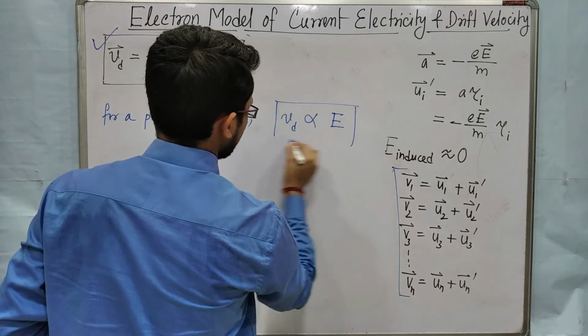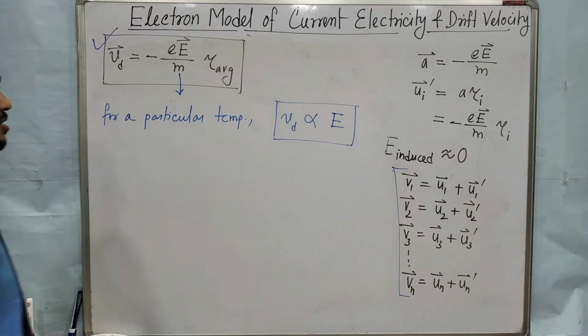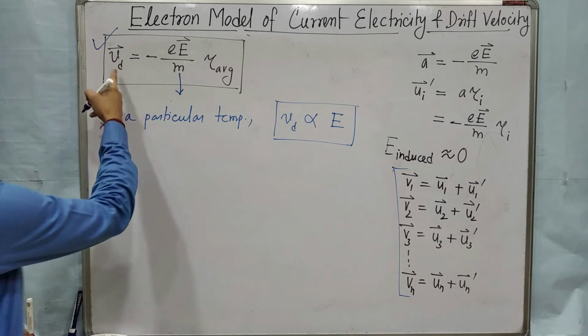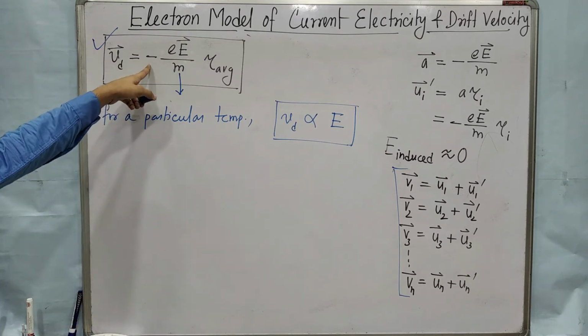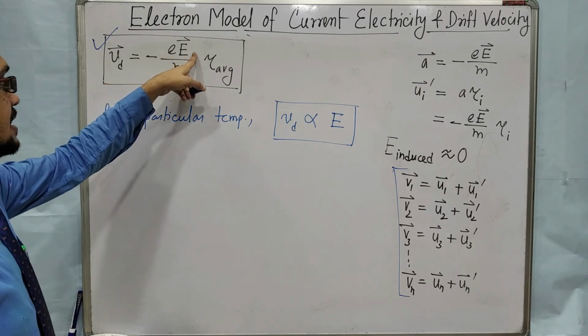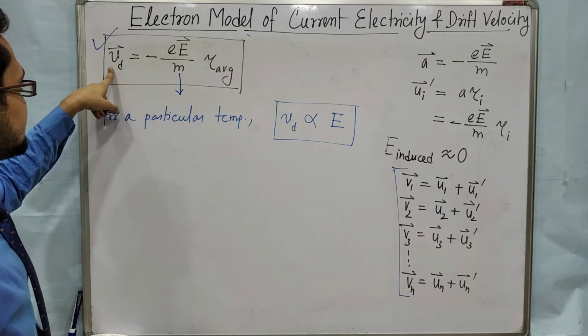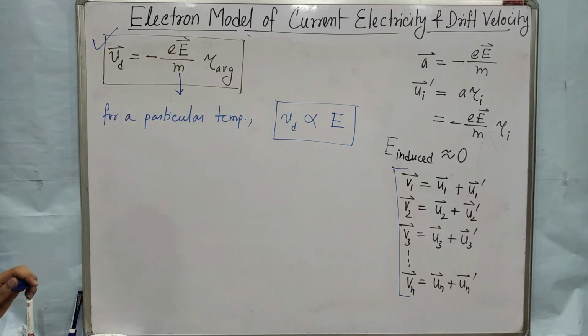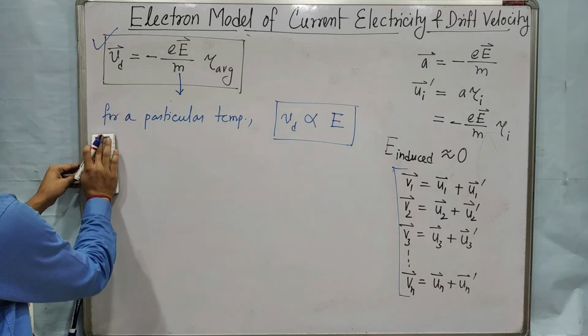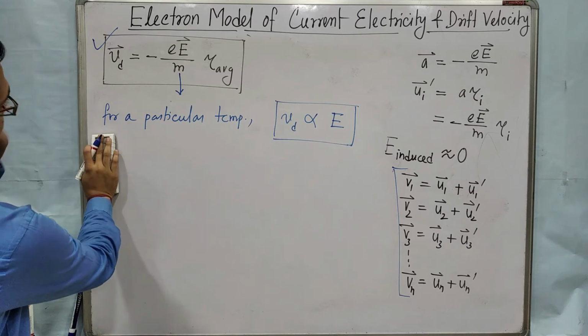So if the electric field increases, then drift velocity will also increase, and the direction of drift velocity of the free electrons is always opposite to the direction of the external electric field. So this is the relation between drift velocity and electric field.